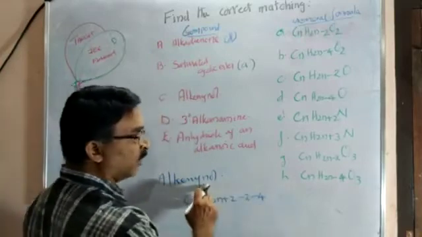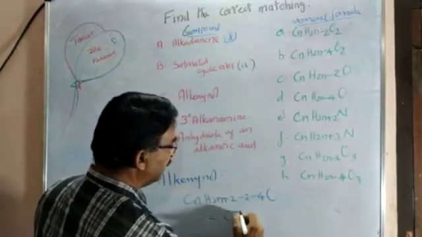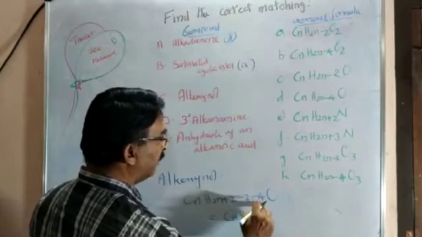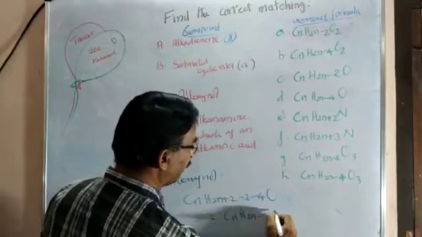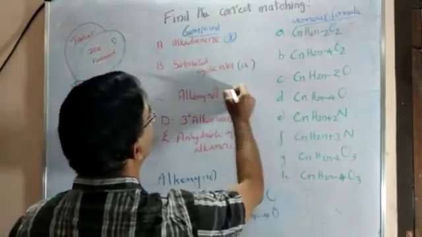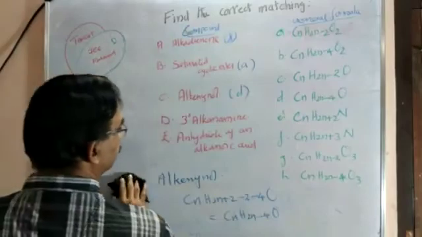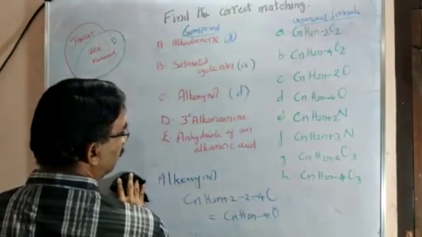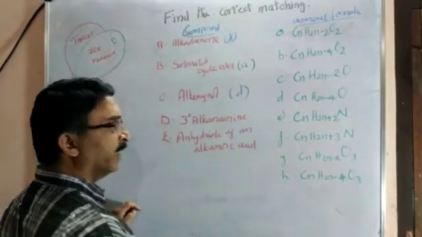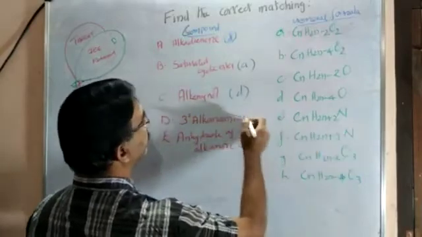Then you insert one oxygen because it is an alcohol. CnH2n+2-4 is CnH2n-2... so minus 4, CnH2n-4O. D. Okay. Now tertiary alkanamine, which we have already mentioned, CnH2n+3N.